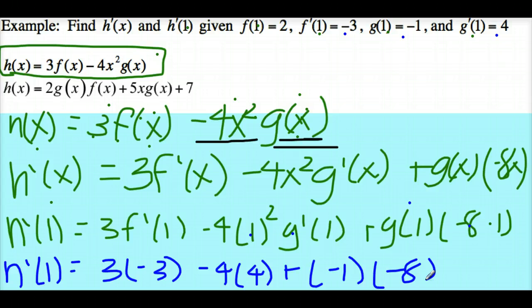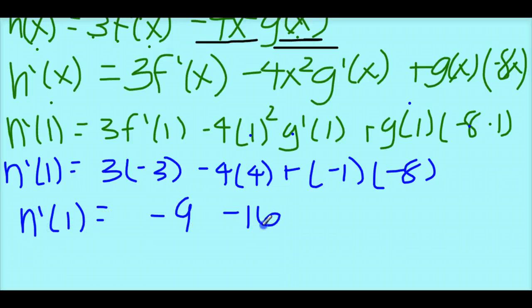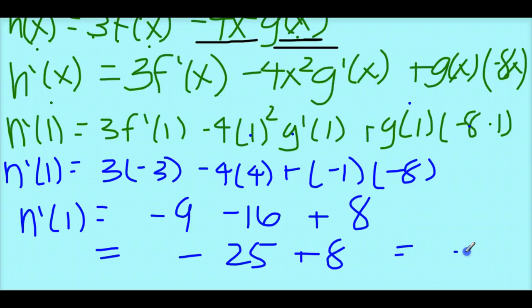So now all I'm going to do is solve this and finish my algebra. h prime of 1 is equal to negative 9 minus 16 plus 8. That's going to give me negative 25 plus 8, which is equal to negative 17.